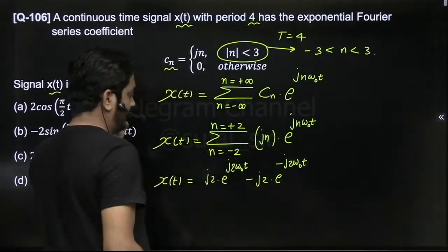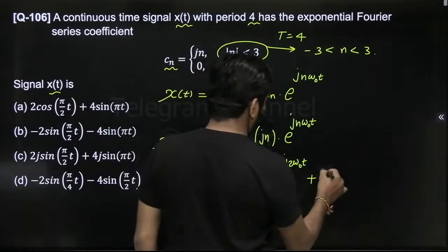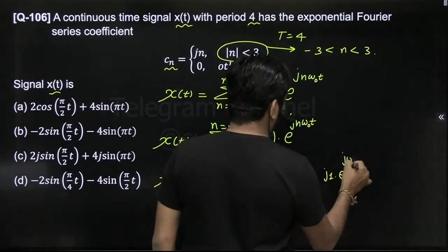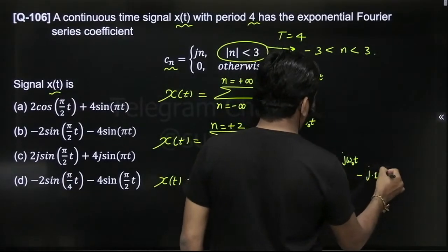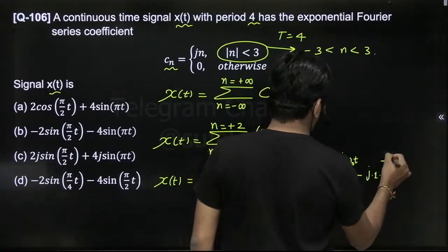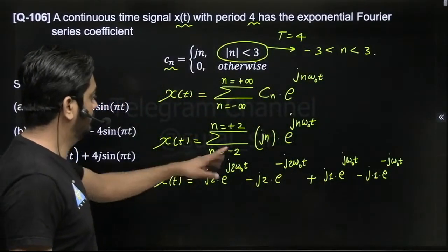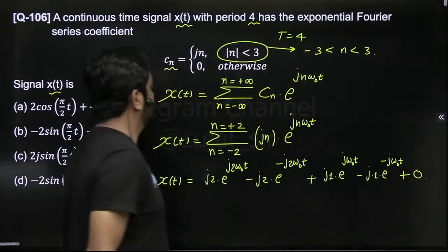Correct. Then n equal to 1, j1 into e to the power j omega 0 t, and n equal to minus 1, minus j into 1 e to the power minus j omega 0 t. And n equal to 0, if you put n equal to 0, then 0, guys.